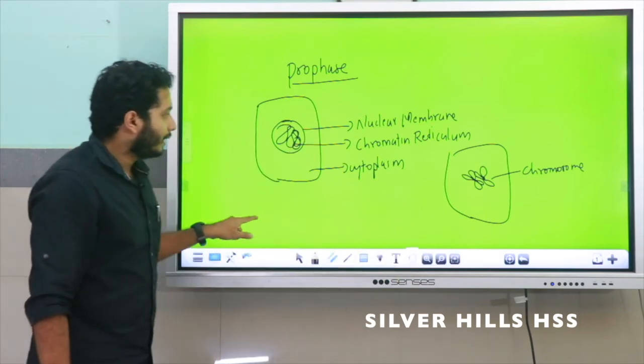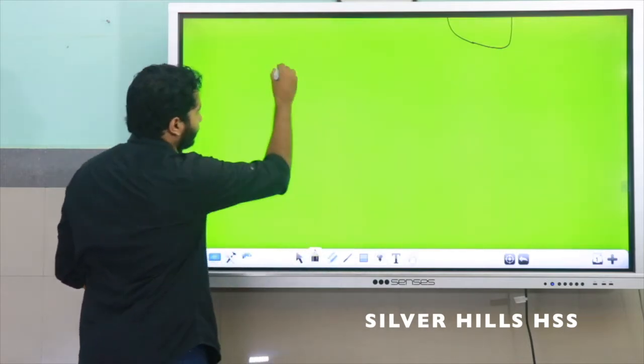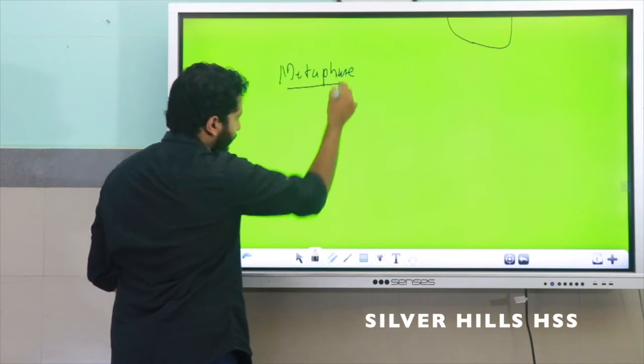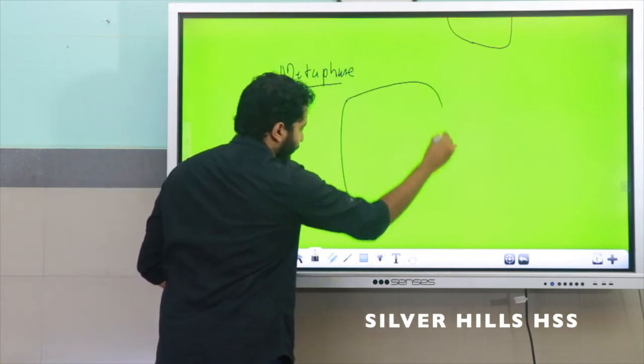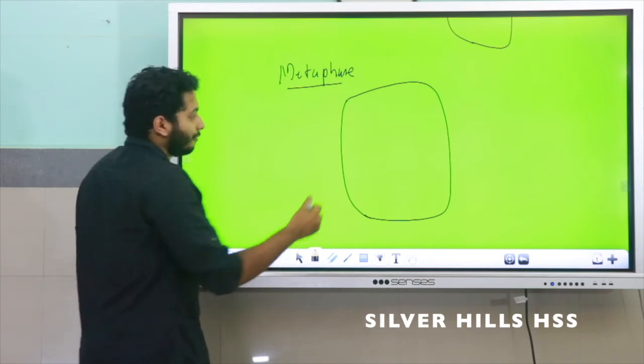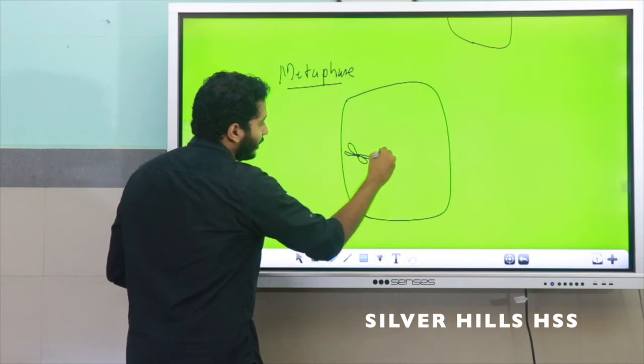The next stage is the metaphase. This is the cell which has already undergone the prophase, and in metaphase the chromosomes are aligned at the equatorial plane of the cell.